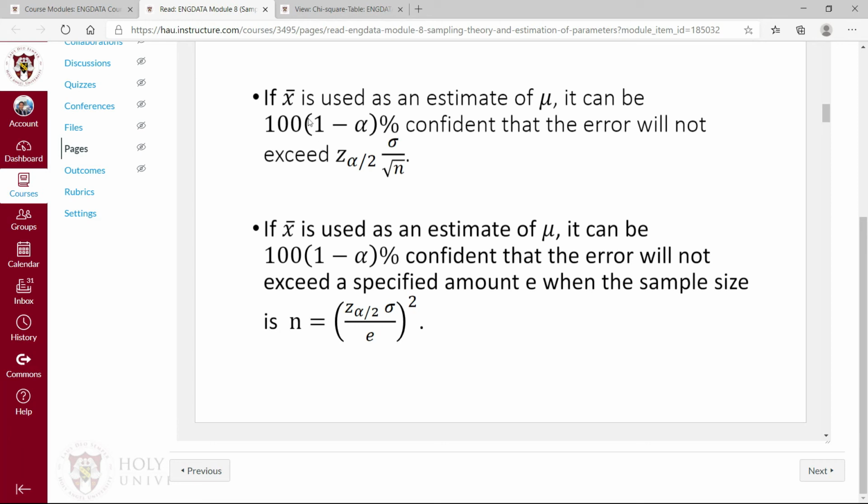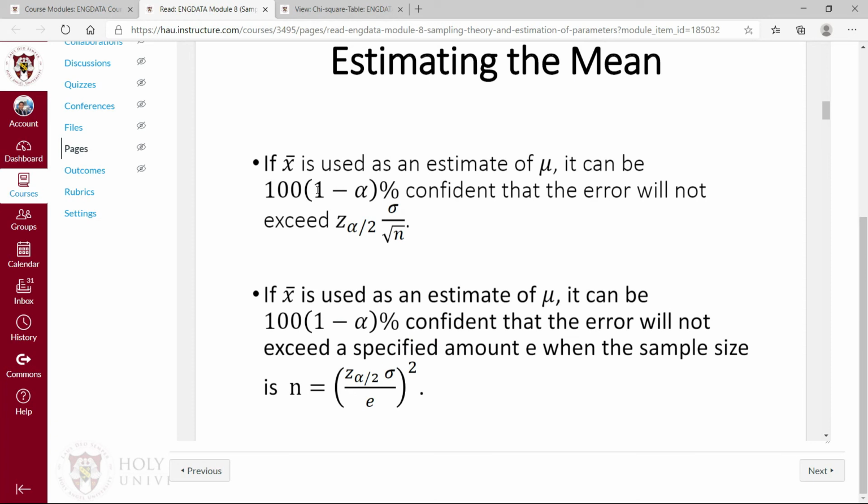So if x bar is used as an estimate of the mean, we can be 100 times 1 minus alpha percent confident that the error will not exceed this value.